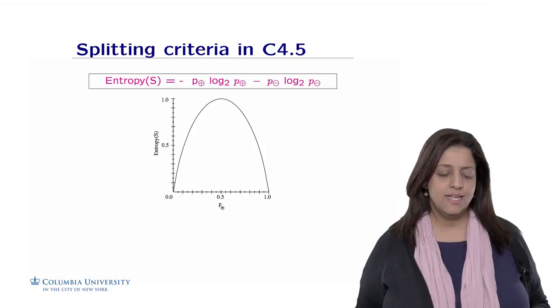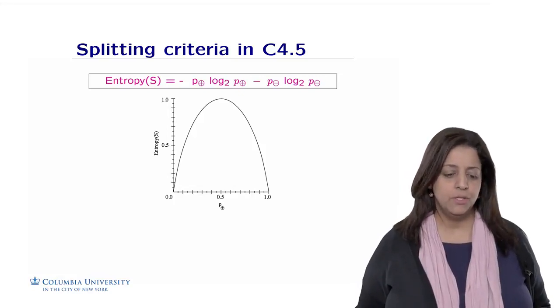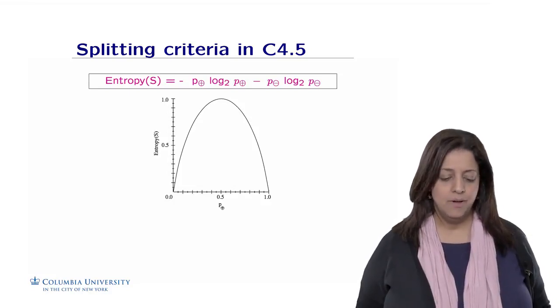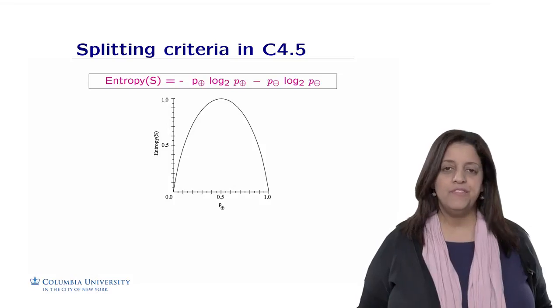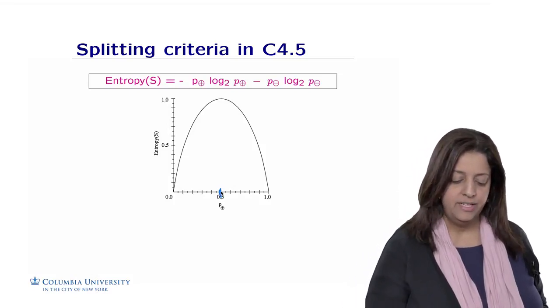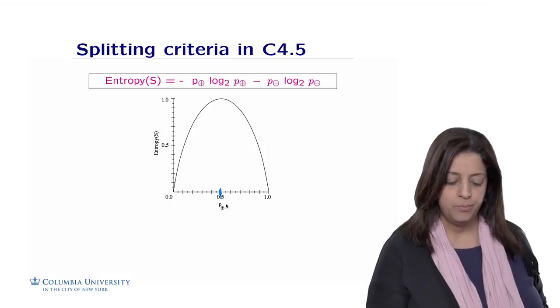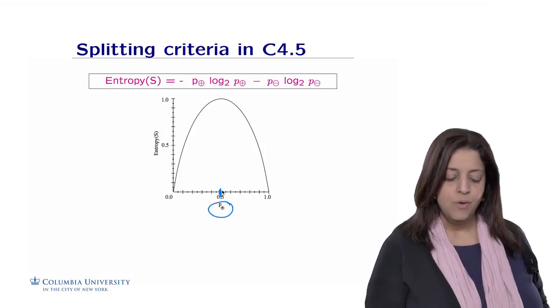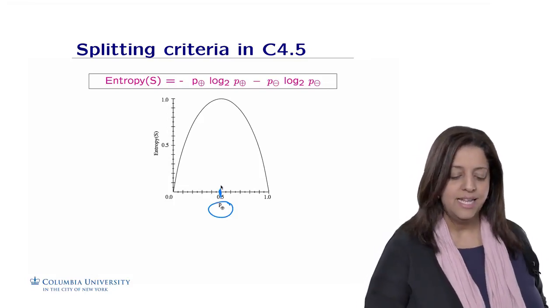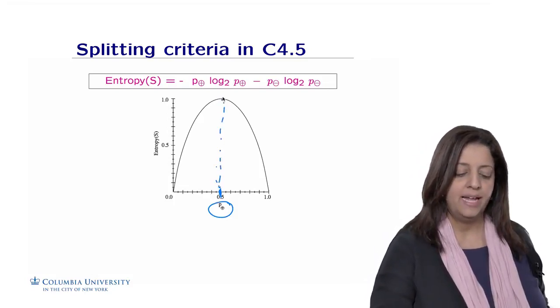The best way to understand how the entropy can measure the purity of a node is to plot the entropy function. You could see that the entropy is at its maximum whenever we have a perfect balance of positive and negative, and this can be seen at this point here. On the x-axis, we have the proportion of positive examples. When it's 0.5, it means that we have as many positive examples as negative examples, and in this case, the function is at its maximum.